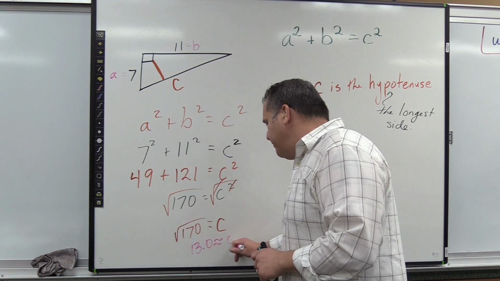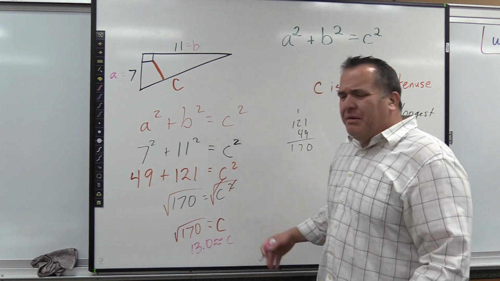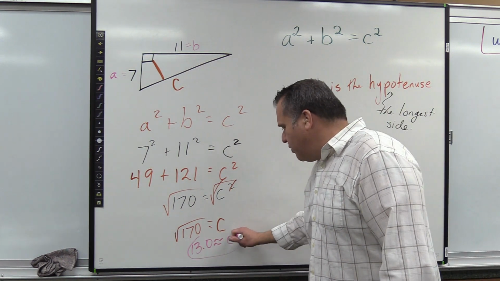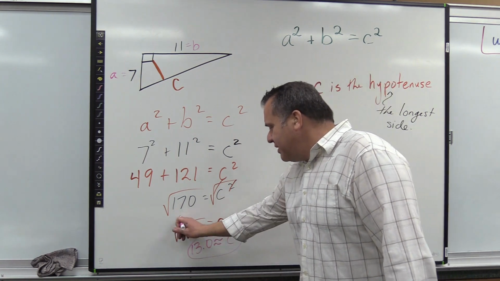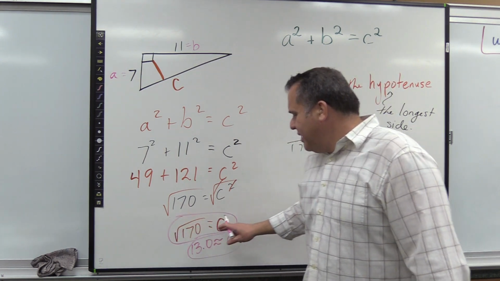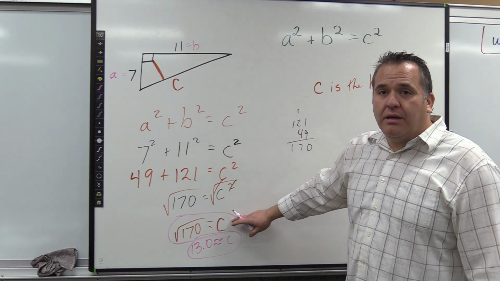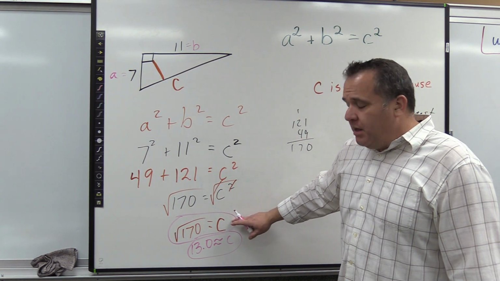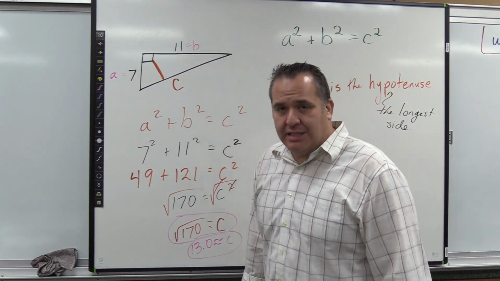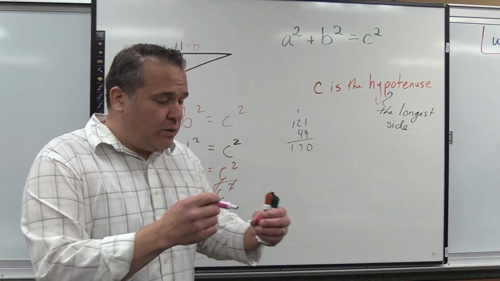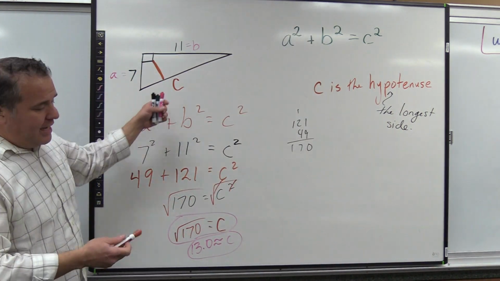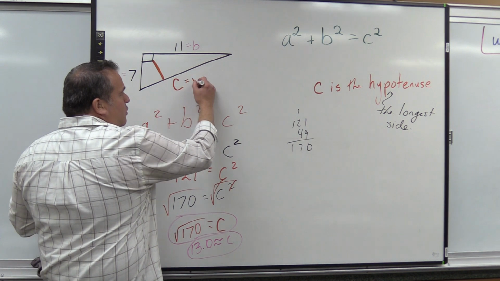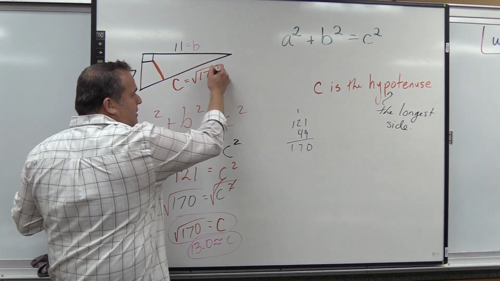This little squiggly means about. So 13.0 is going to equal C. But this answer right here is not wrong. You can have a square root of 170 as an answer. And that's our answer. So right here, we're going to say that side C is going to equal the square root of 170.